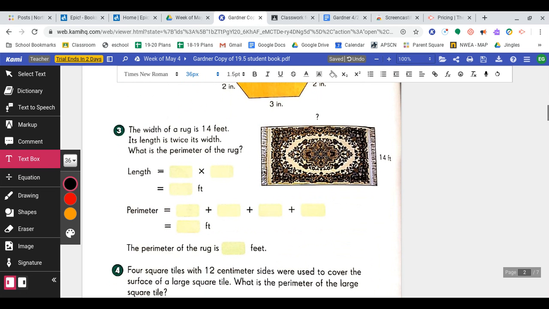Now we have a rug here. We have one of the sides given to us, one of the short sides of the rectangle. It's 14 feet. This says the width of a rug, the short side is width, the long side is length. The width of the rug is 14 feet. Its length is twice its width. So we will be able to figure this out without actually measuring anything.